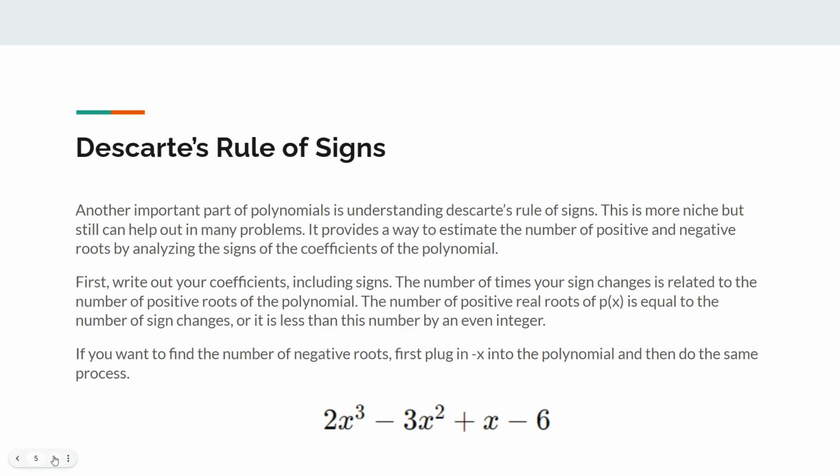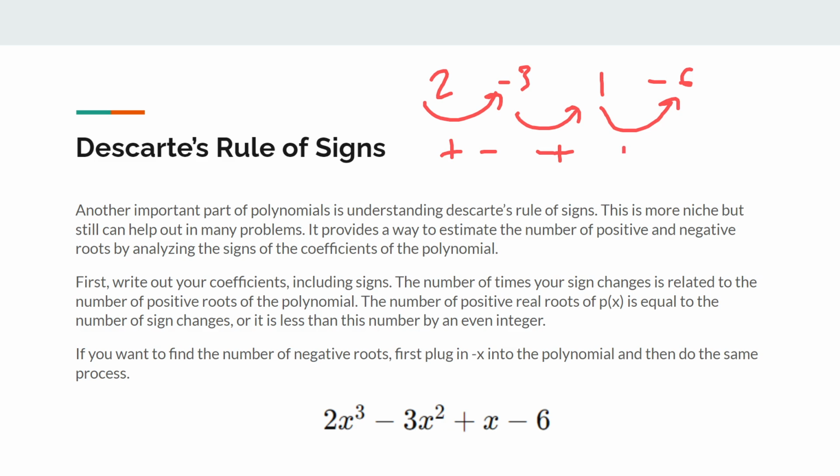So for this one, we have 2, -3, 1, and -6. How many sign changes? We have 1 here from positive to negative, 1 here from negative to positive, and 1 here from positive to negative. So we have 3 sign changes.